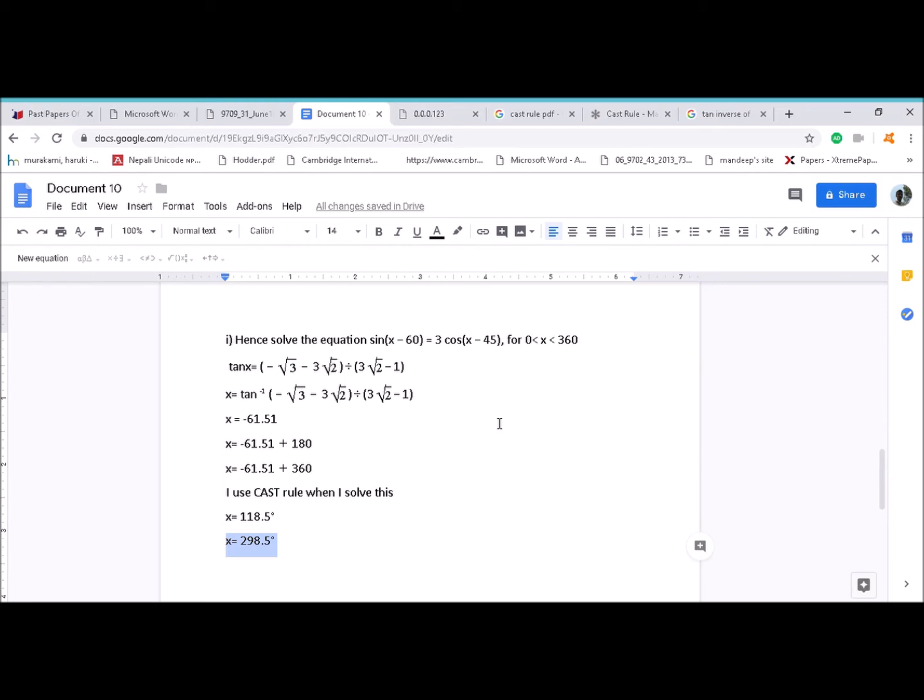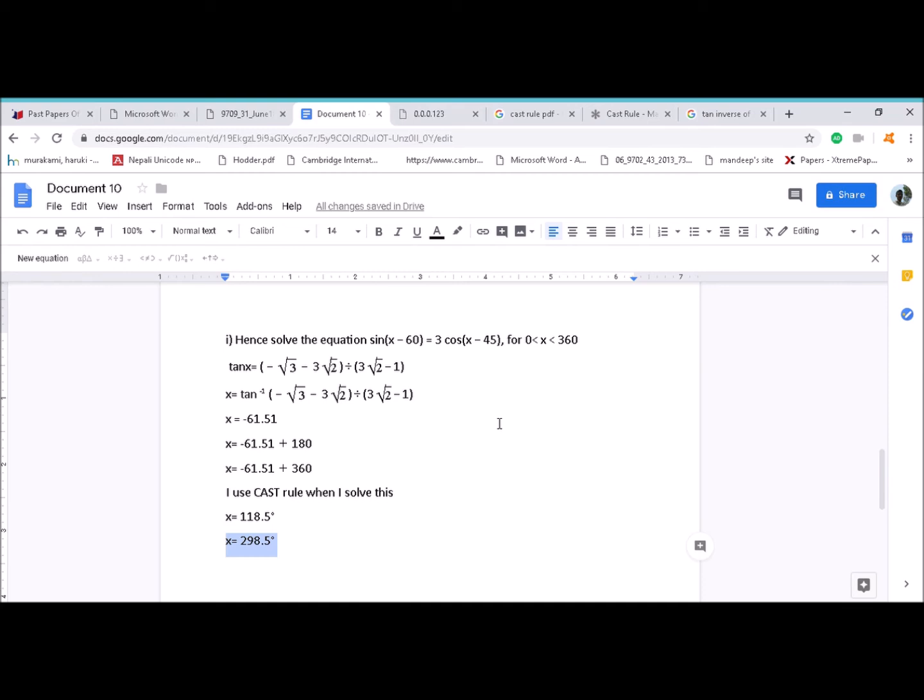Guys, always remember to use the angle range they have given. Sometimes they give 0 to 180, or they might give 0 to pi. In that case you have to give your answer in the form of radians or in the form of pi. Here I have to write in the form of degrees.